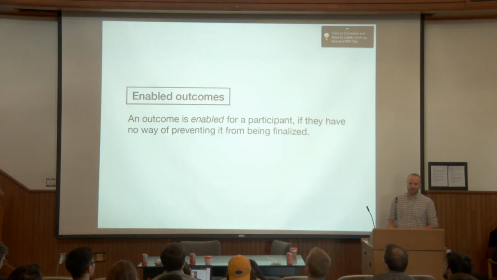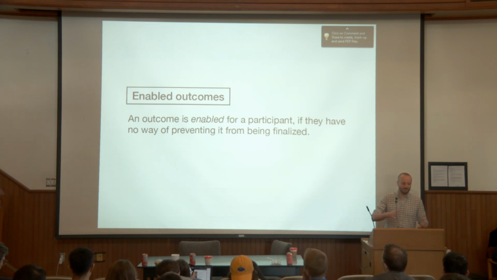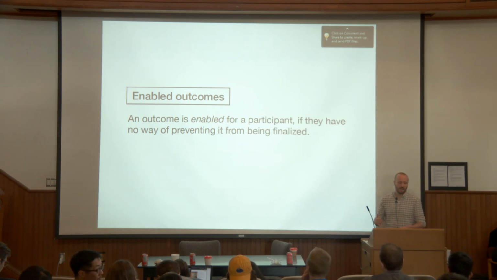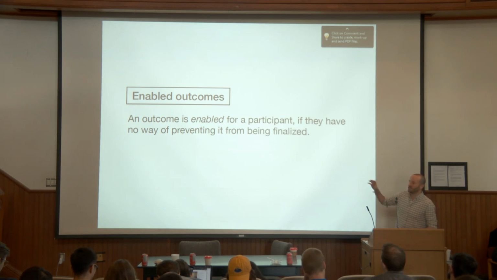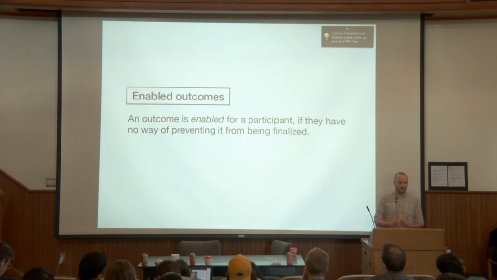Okay. So as I said before, I thought that when no one had a finalizable outcome, that was kind of bad, and that was chanarchy. But actually, I think it's a little bit more subtle than that. And to see that, I'm going to introduce the co-concept to finalizable: enabled.